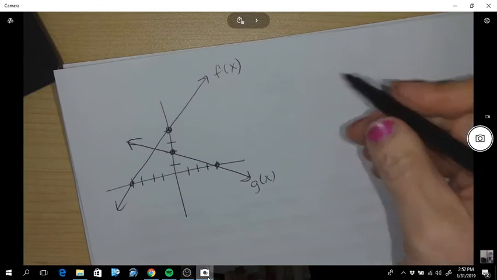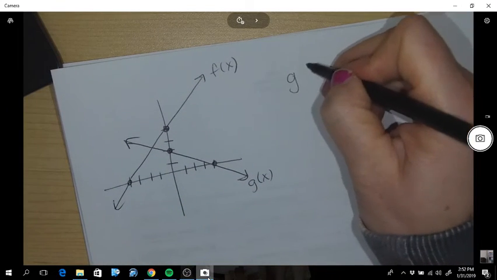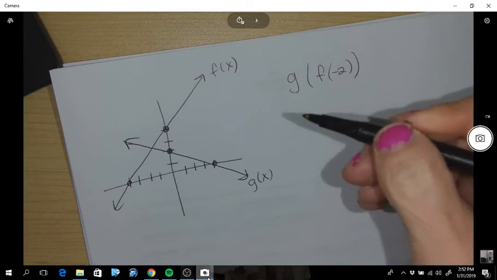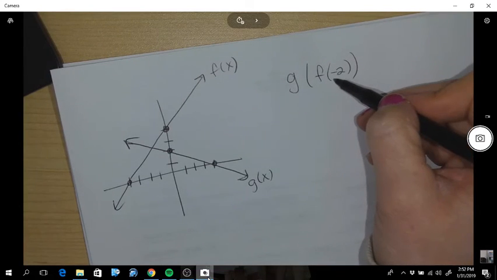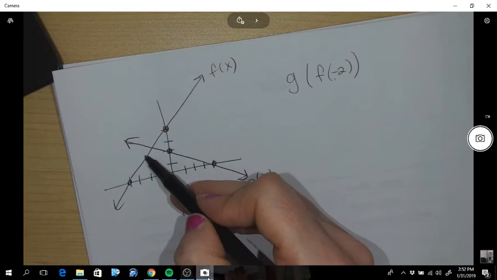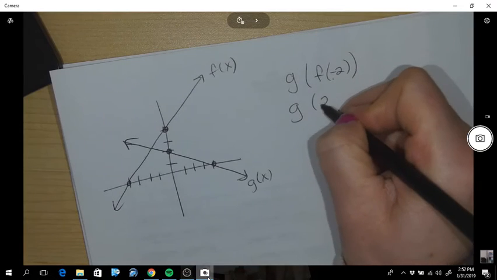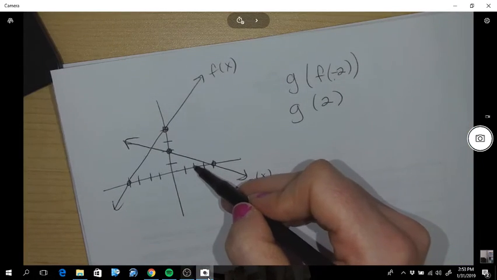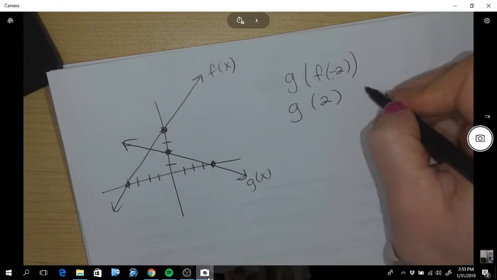Okay, can you find g of f of negative 2? Okay, so you go to negative 2 on the f. So at negative 2, it's at a height of 2. So what is g of 2? So now you go to g of 2. So 2, it's at a height of 1.